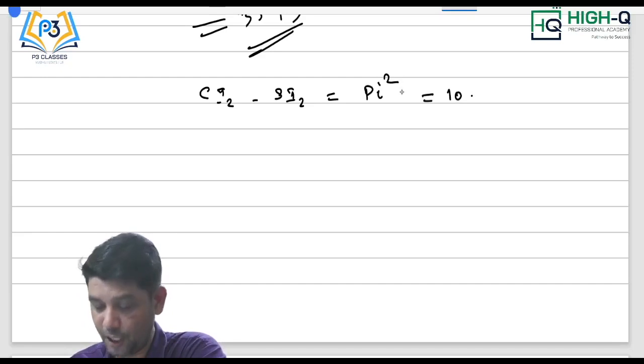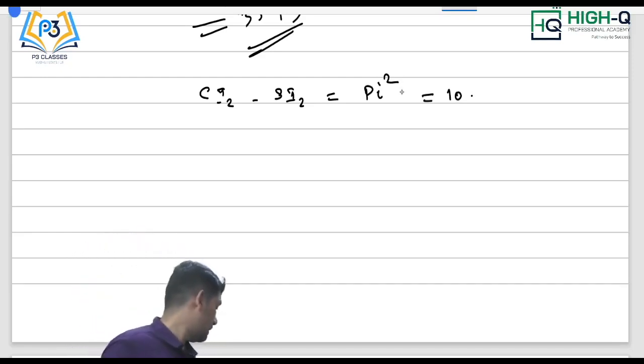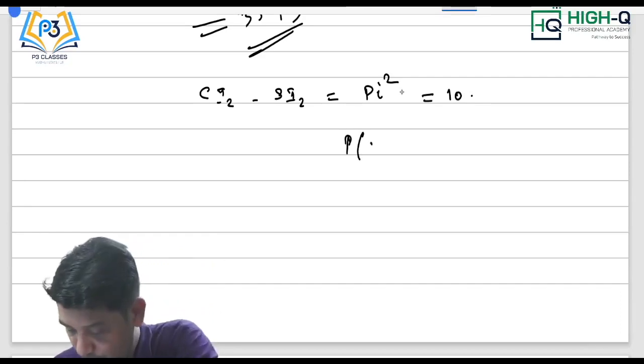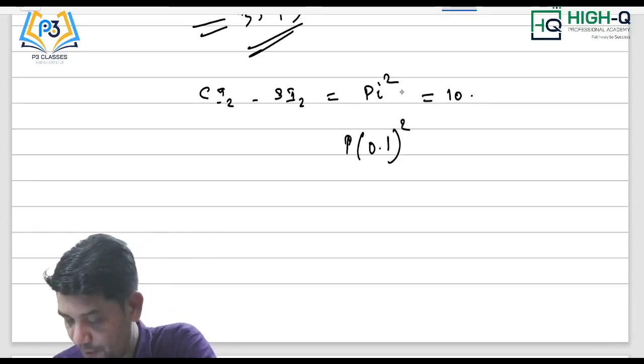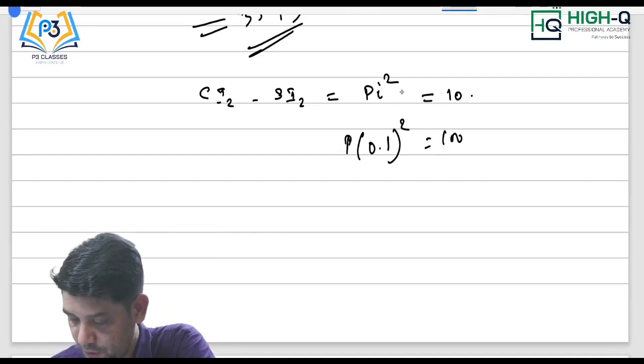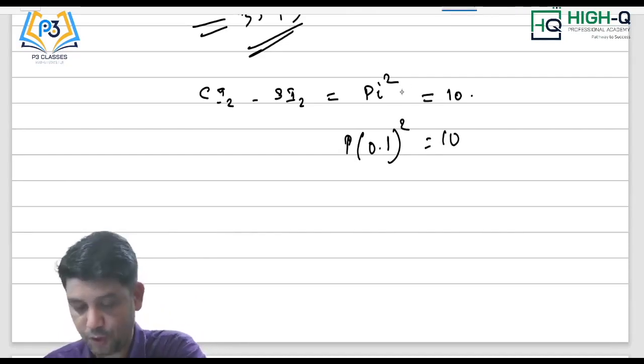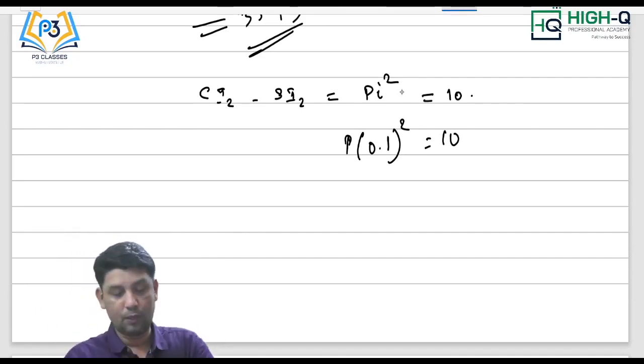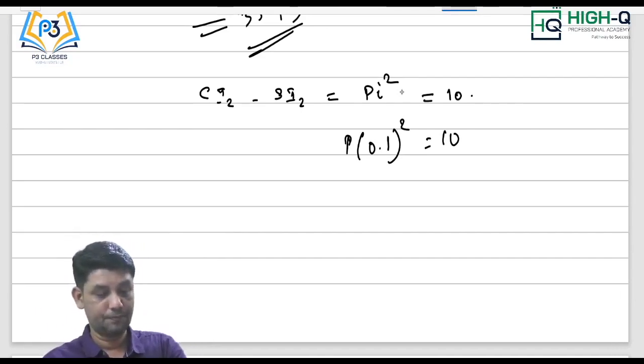We need to find the principal. You know this formula, P r squared, and the difference is 10 rupees. The rate of interest is given as 10%, so r is 0.1. So 10 divided by 0.1 the whole square, sorry.